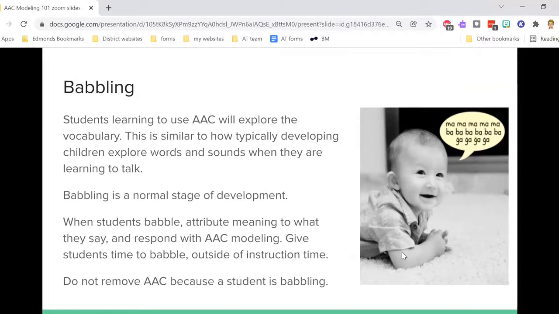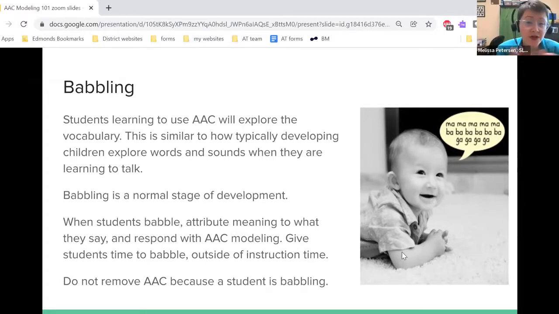Melissa, we had a comment or a question in the chat. If a child has a tablet they mostly use for their core board, would using a smaller paper one occasionally confuse them with where the words are on their device? And the person was thinking that the pictures might be different too, and that might also get confusing.